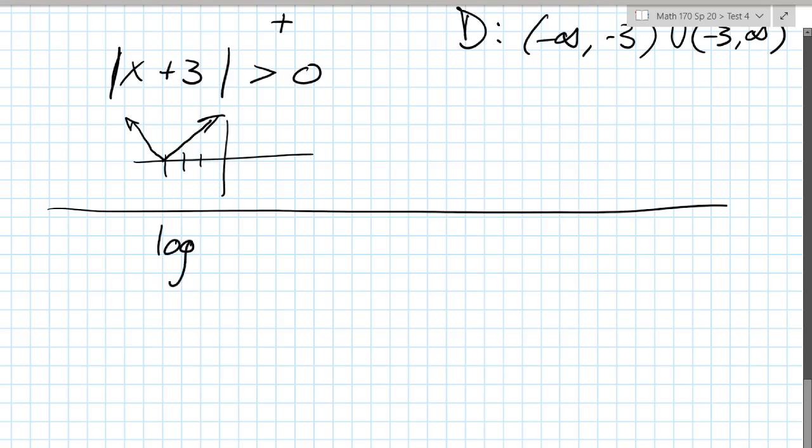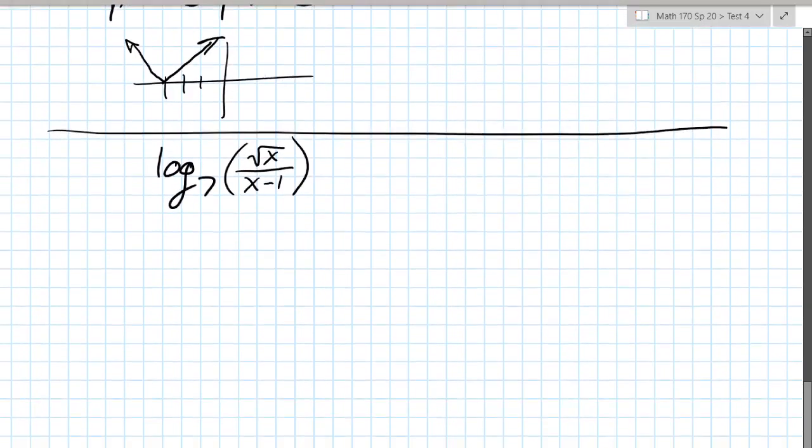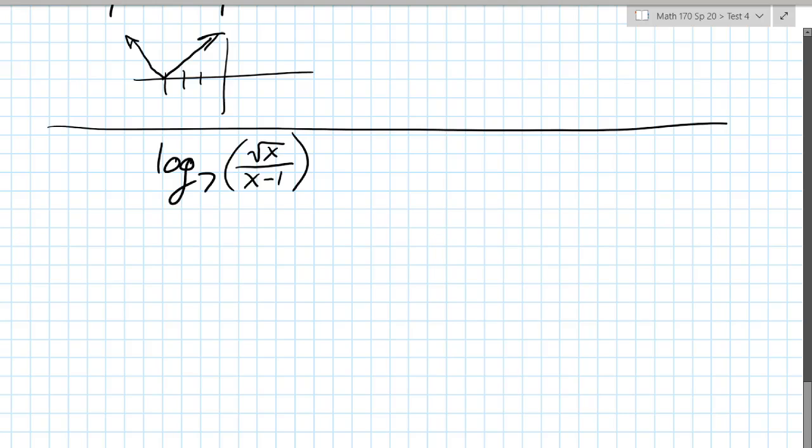One more. Log base 7 of the square root of x over x minus 1. So we need to keep what's inside of here positive.